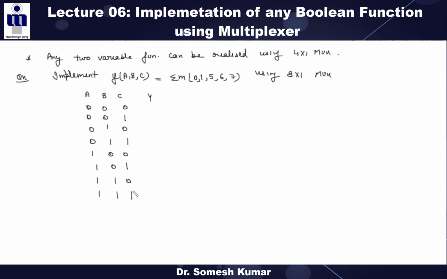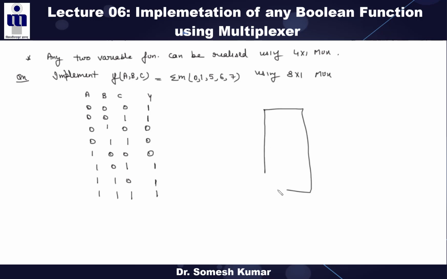This is the possible combination for the 3 variables, 0, 1, 2, 3, 4, 5, 6, 7, right? So at the 0th position, this is 1. First position, this is 1, 2, 3, 4, 5. This is 1, 6. This is 1, 7. This is the meaning of this function, right? Clear? Now you have to implement this using an 8:1 mux, right?